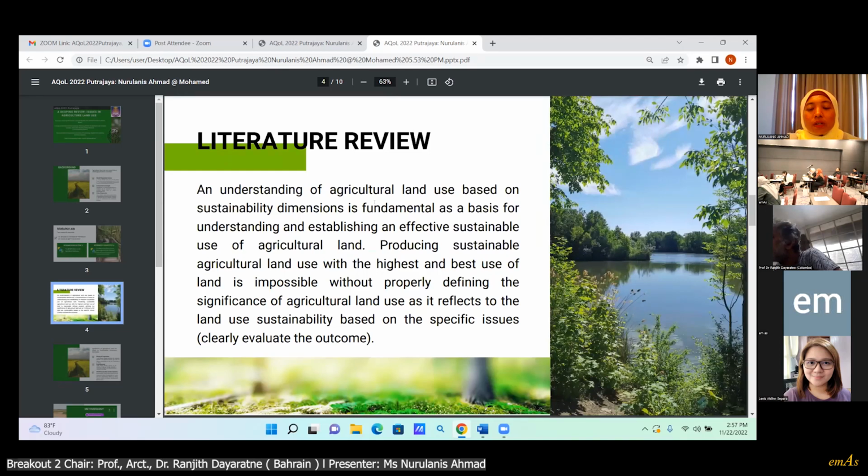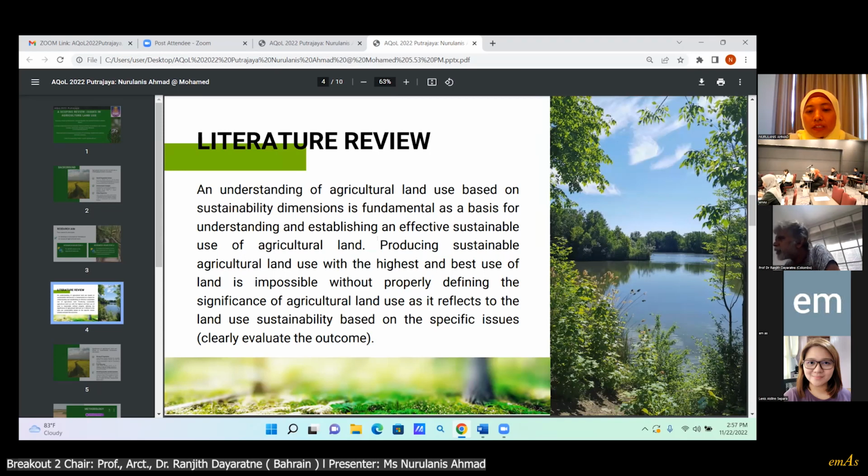For the literature review, establishing effective and sustainable use of agricultural land is very crucial. We really need to understand agricultural land use based on the sustainability dimension.